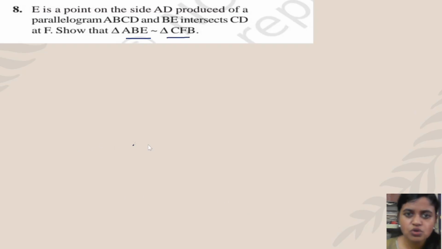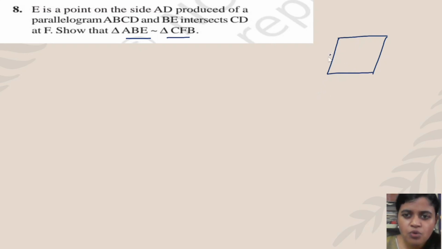So let us draw the figure. First draw a parallelogram, ABCD. E is a point on the side AD, so AD should be produced on either this side or this side, because otherwise the figure will be awkward.